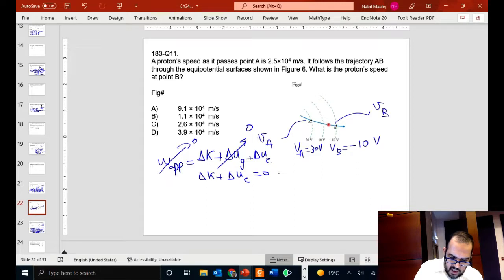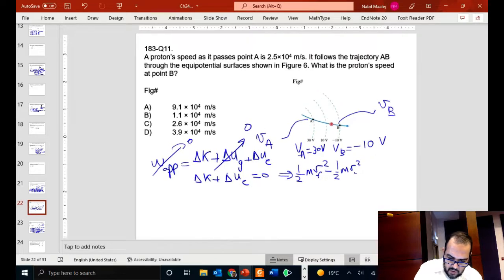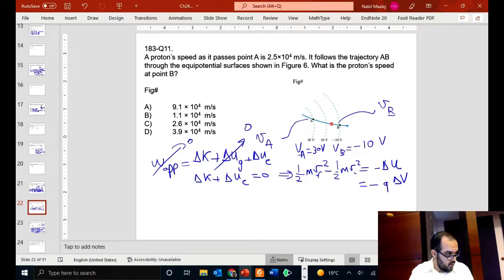So we can write this: K final minus K initial, or 1/2 m v final squared minus 1/2 m v initial squared, is equal to minus delta U. And delta U is equal to Q delta V. So this is equal to minus Q delta V, which is the change in potential.